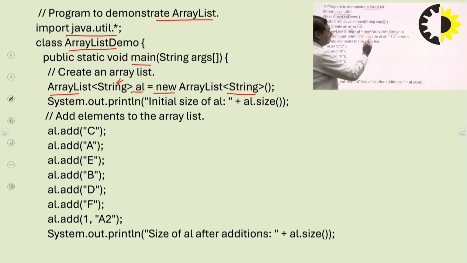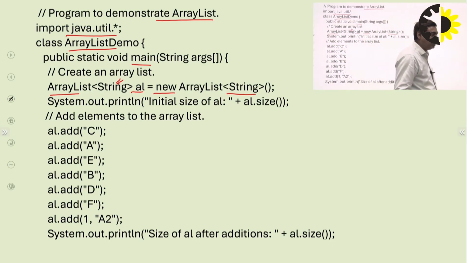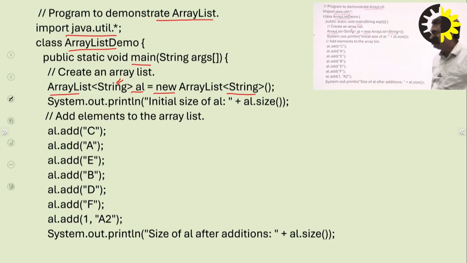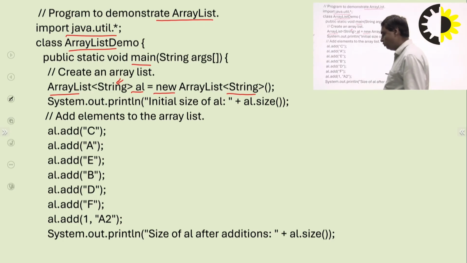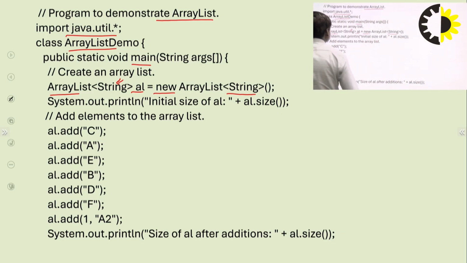With the help of this constructor, we are able to create an ArrayList. Very simply, a collection is created and the name of the collection is al, the type of this collection is ArrayList, and the type of the internal elements of this collection is String. So we can say al is the collection and it consists of elements of type String.